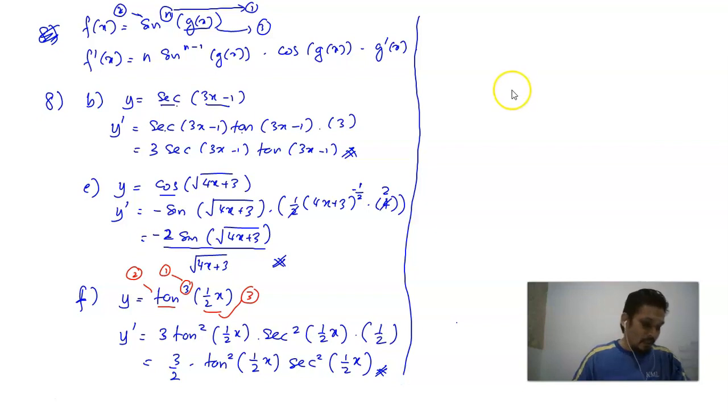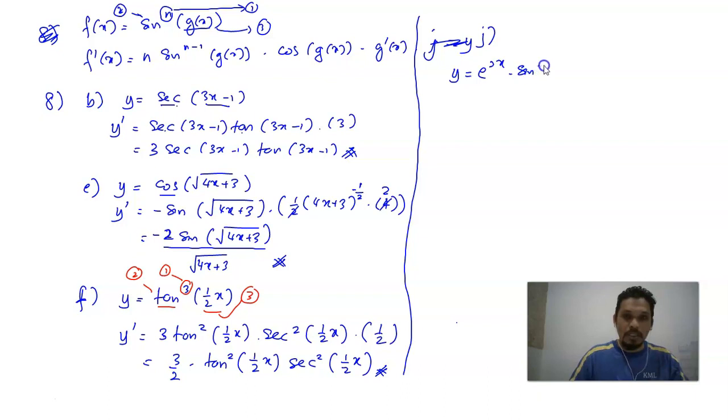Let's try another question. Question G, y equals e to the power of 2x multiplied with sine 3x. So this is our u and this is our v, where u equals e to the power of 2x and v equals sine 3x.